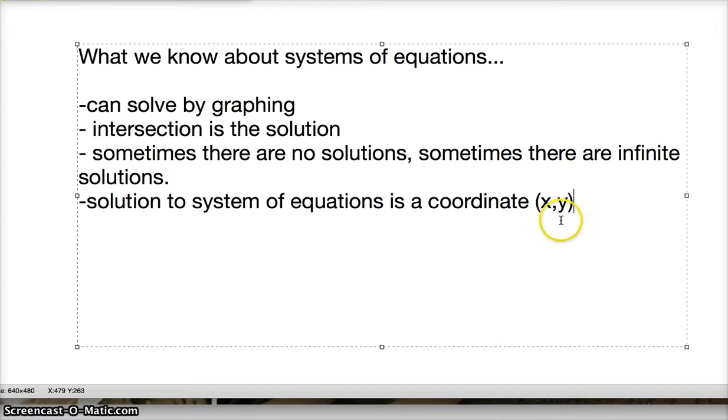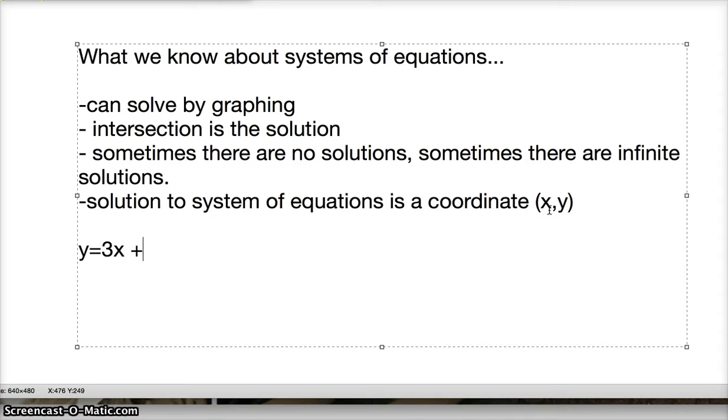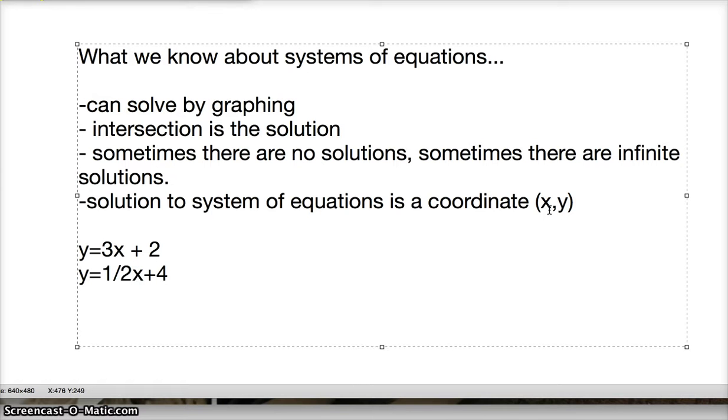So basically, the reason that we have multiple ways of solving systems of equations is because when you have a system of equations with the numbers that we've been working with in the past, for example, y equals 3x plus 2, and maybe y equals 1/2 x plus 4, these numbers are small enough that we can work with them and we can graph them successfully and find an answer.